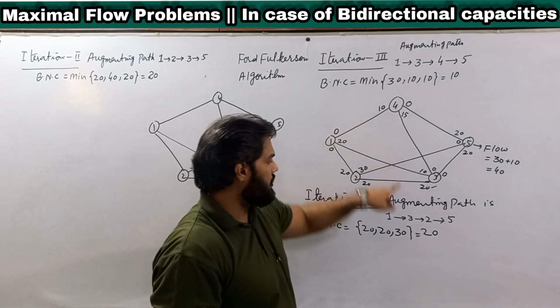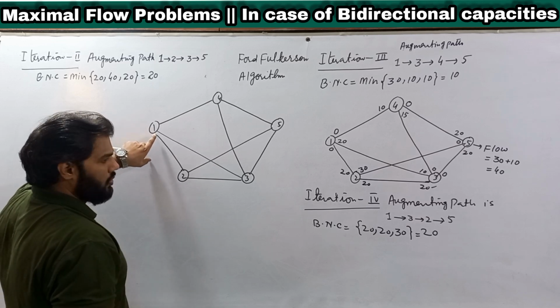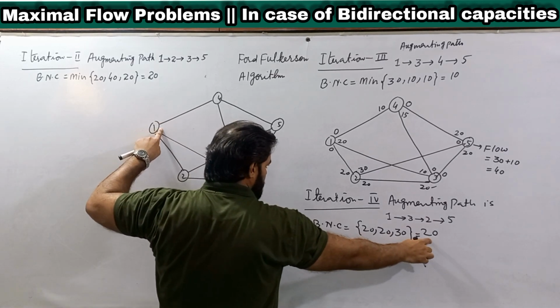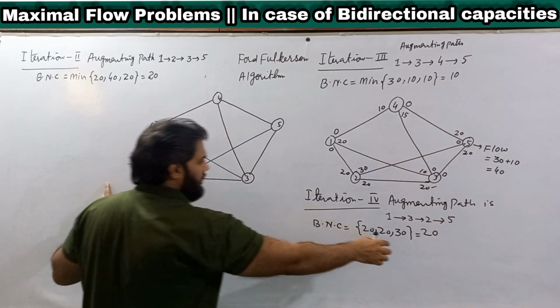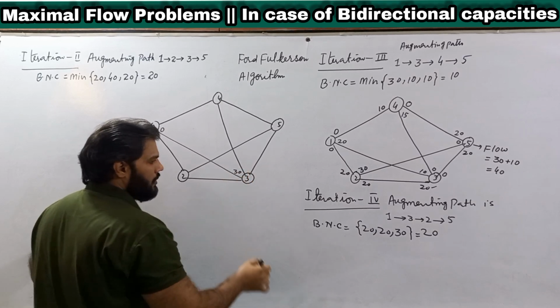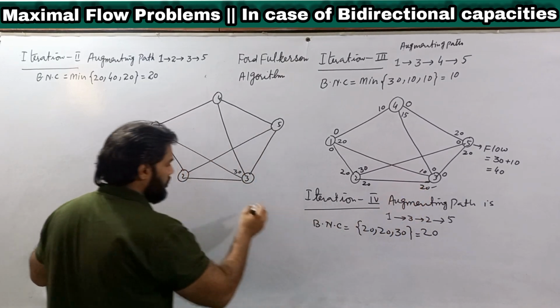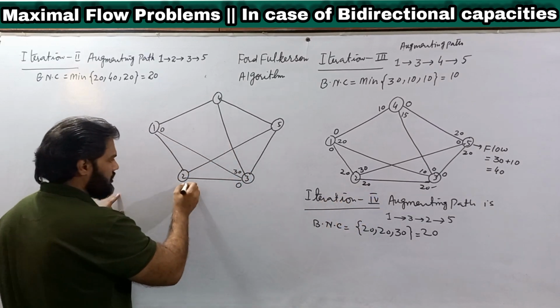The first edge is node 1 and node 3. This is 20 units, so by subtracting 20 from this number, it becomes 0, and by adding this 20 to this number 10, it becomes 30 here. Again, subtracting the bottleneck capacity 20 from this number 20, that is 0, and adding at this position, this becomes 40.